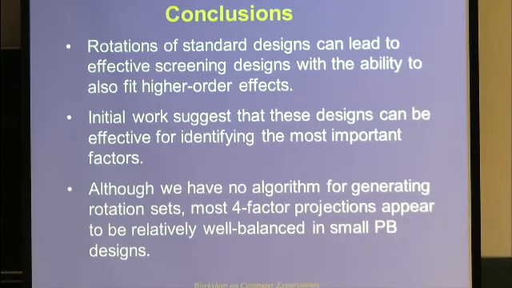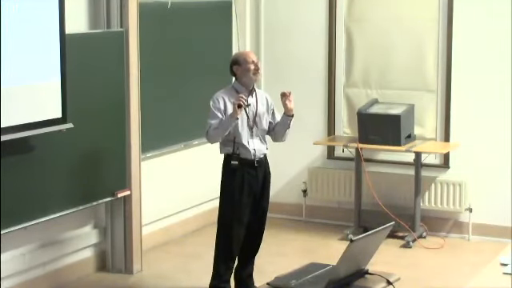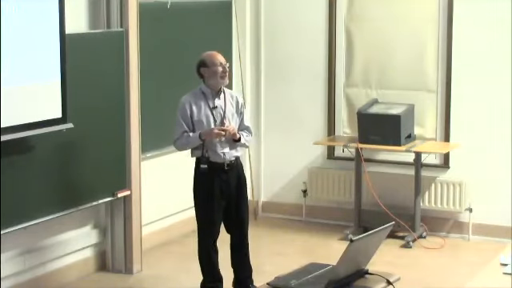The initial work that we've done suggests that they can be useful for identifying important factors, and although we don't have an algorithm for generating good rotation sets, it seems that most 4-factor projections, at least to the extent that we've looked at in Plackett-Burman designs, are not so bad. So even rotating randomly may not be altogether a bad thing. And with that, I conclude.